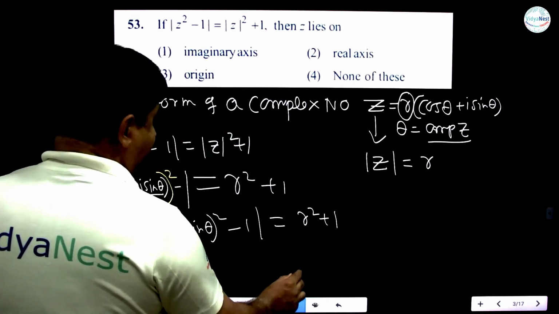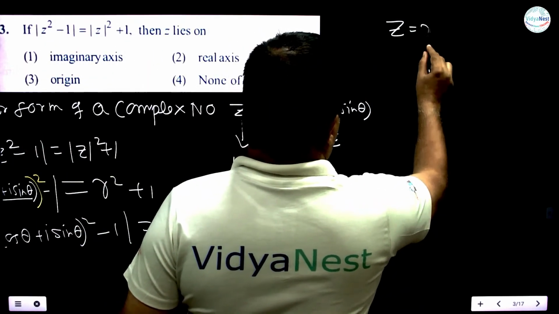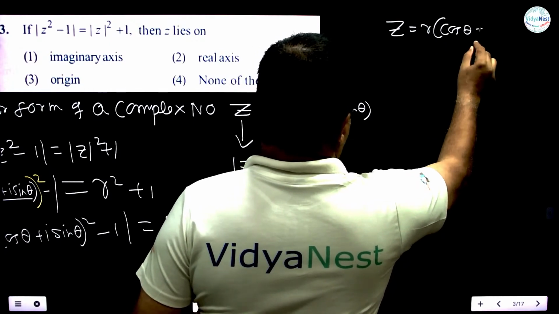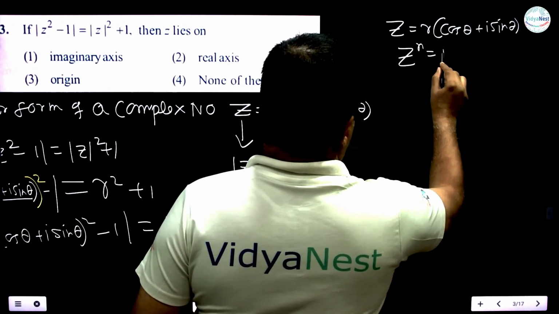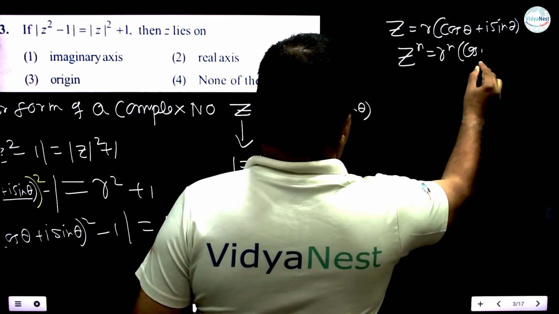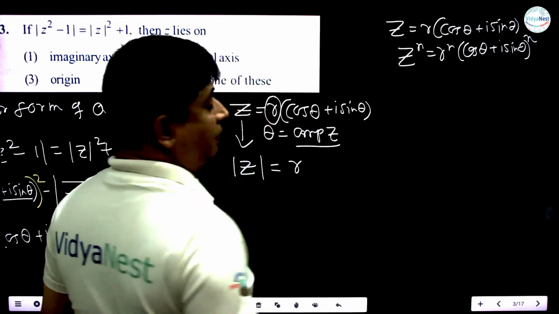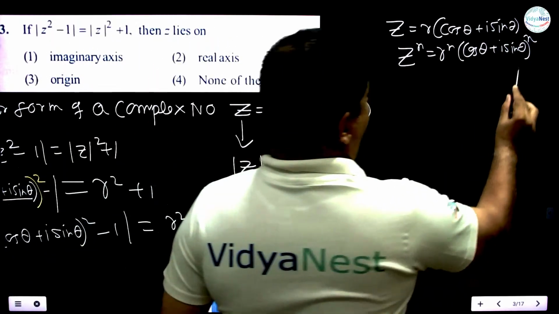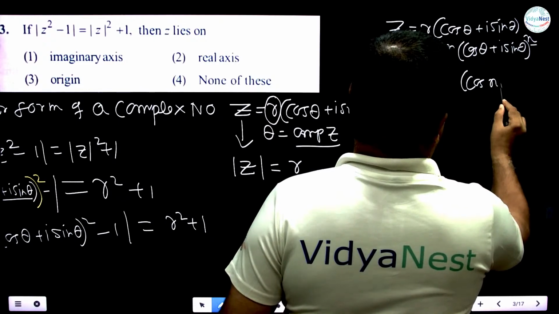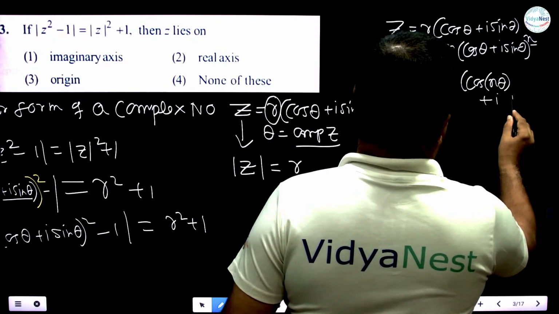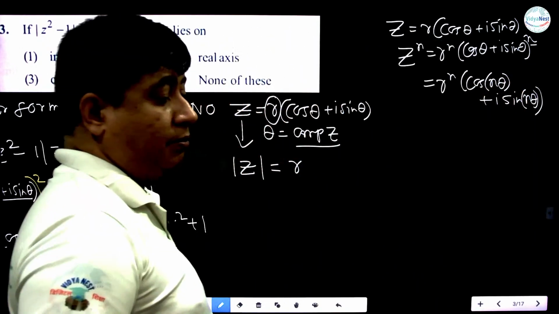See, I am just reminding you, if z is equal to r cos theta plus i sin theta, then z to the power n is r to the power n, cos theta plus i sin theta whole to the power n, which is cos n theta plus i sin n theta. n will become the multiple of theta.